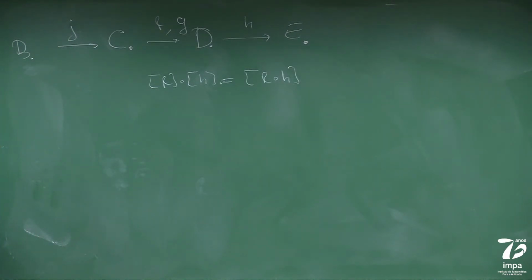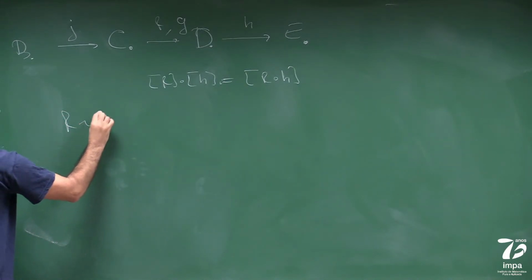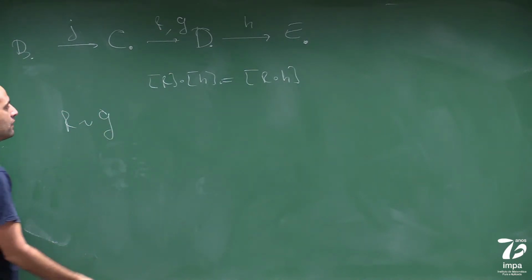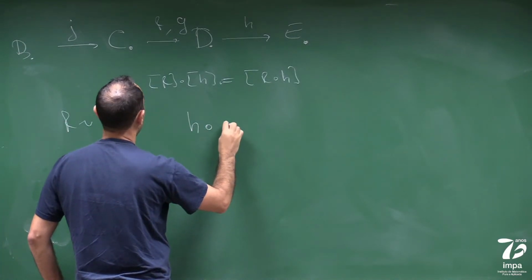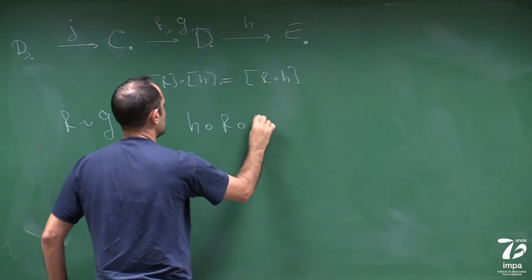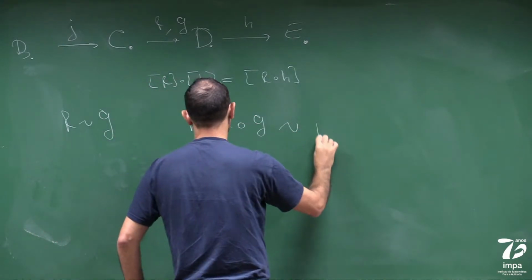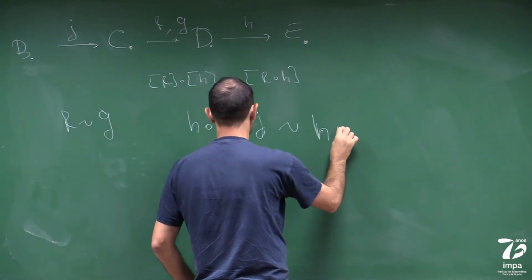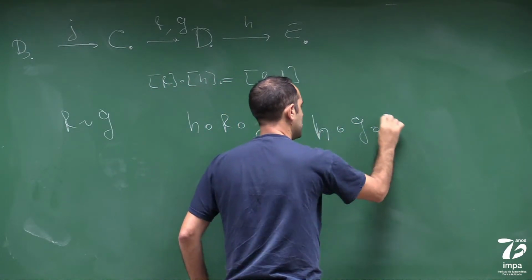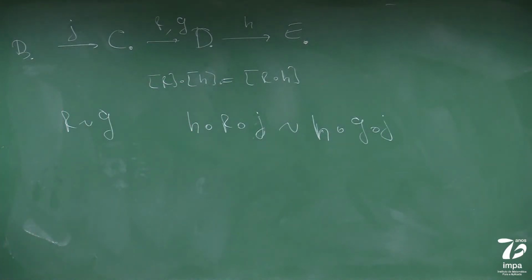Let's suppose that F is homotopic to G, then what you need to check is that H composed with F composed with J is homotopic to H composed with G composed with J. That's really not so bad.